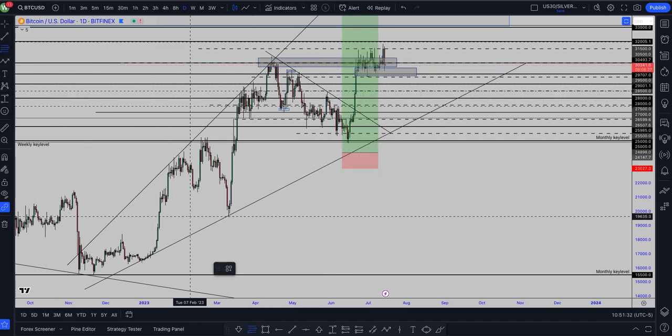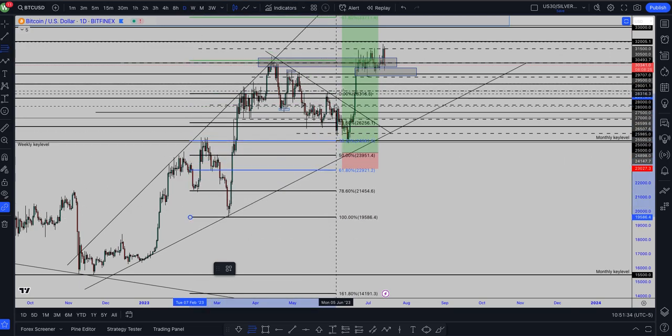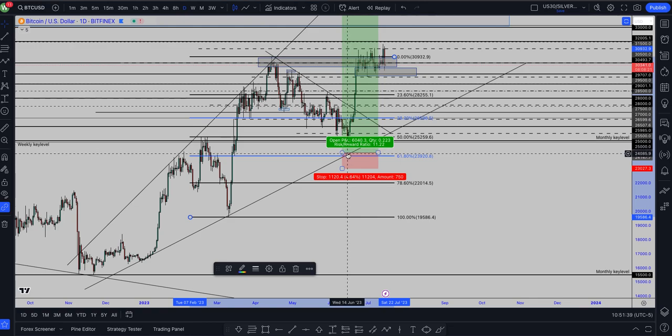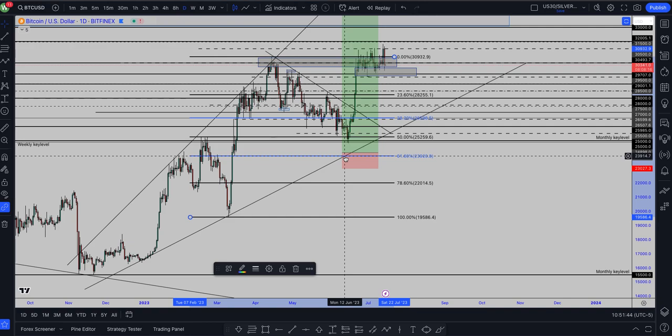So I said it will make more sense if the market dips a little bit into 61.8, then we'll see that potential move to the upside. That was my initial thought.